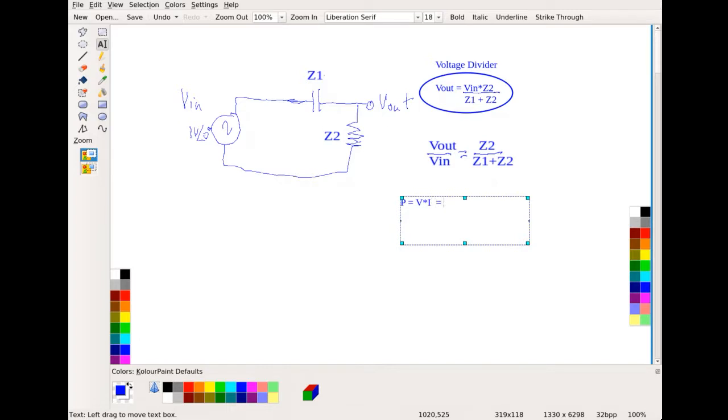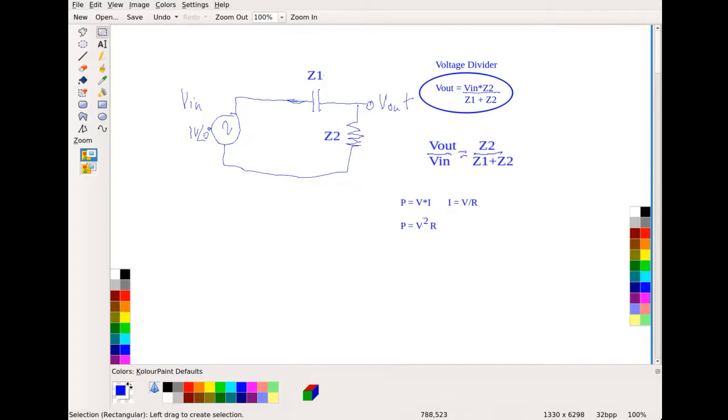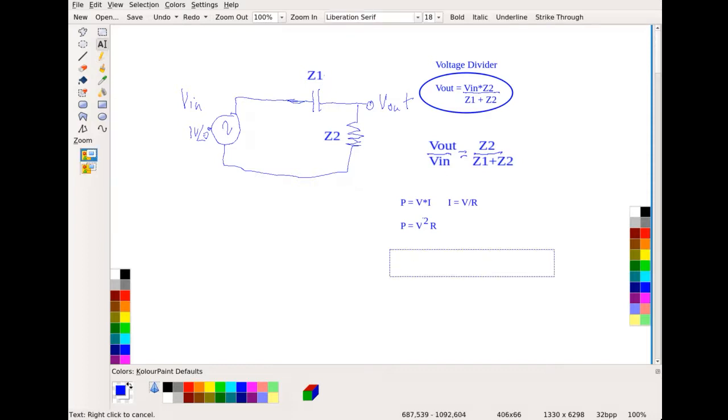Since the current I is V divided by R, then the power is equal to V squared over R. So if we assume a resistance of 1, or the impedance, let's just let the resistance be 1.